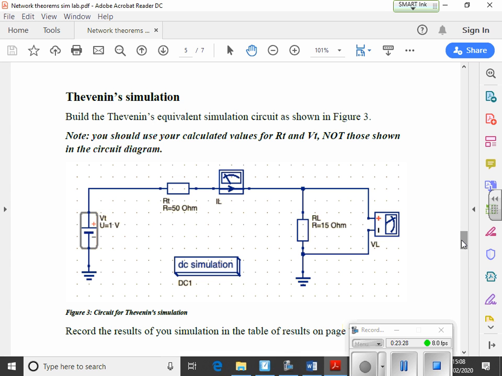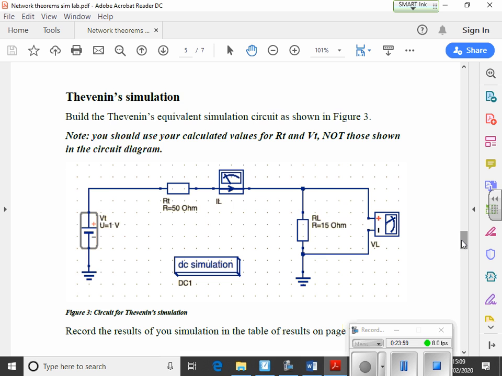I've put a current probe in series as well, and I've got my load resistor, which I can change to the 3 different values. I've also got a voltage source there. Again, run a DC simulation and compare the 3 results for the 3 resistors with what we've got for the complete circuit. They should come out exactly the same.